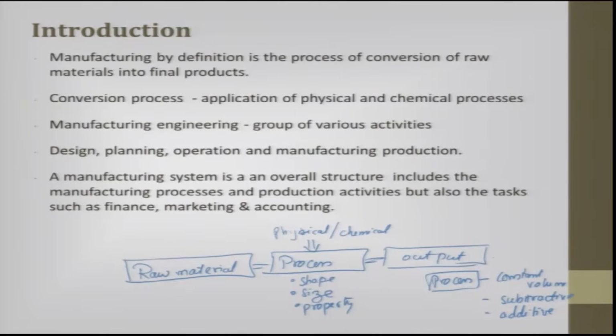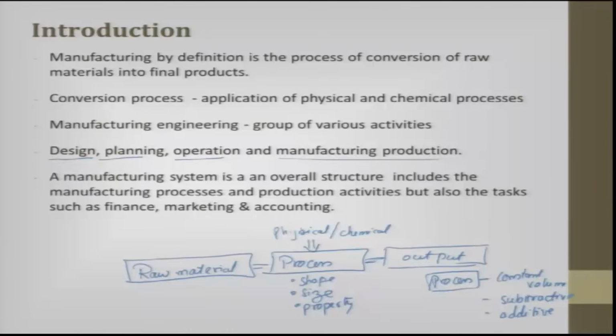So, manufacturing is a group of operations or activities. It is not only converting the physical product, it also involves other organizations or departments in developing a product, wherein design plays a very important role, then planning, operation, and then manufacturing production to make a product. You should understand all these things when you are trying to do a product design.